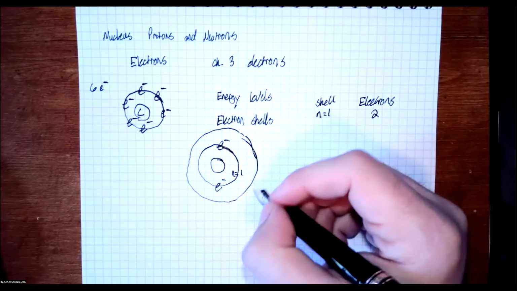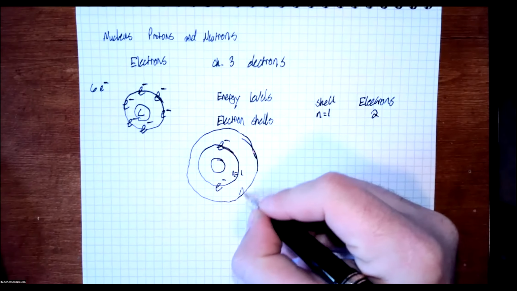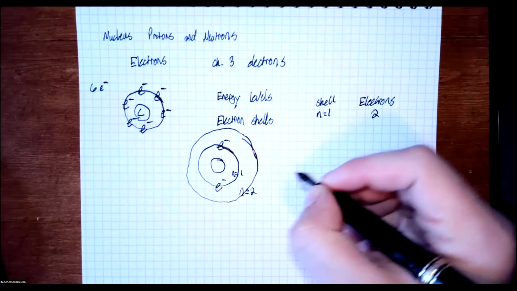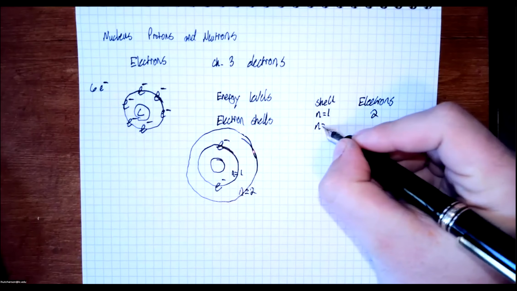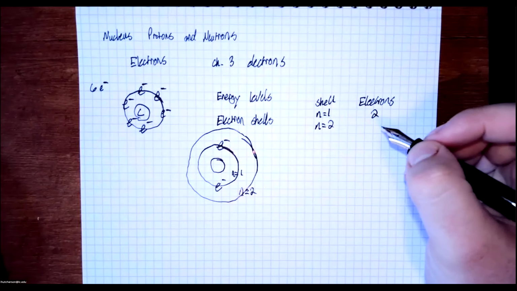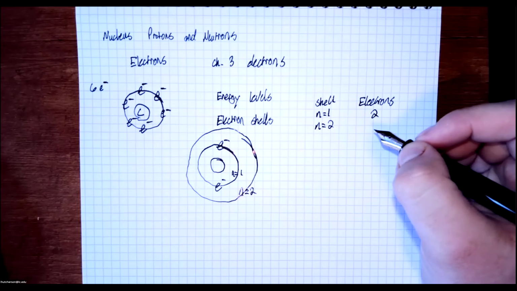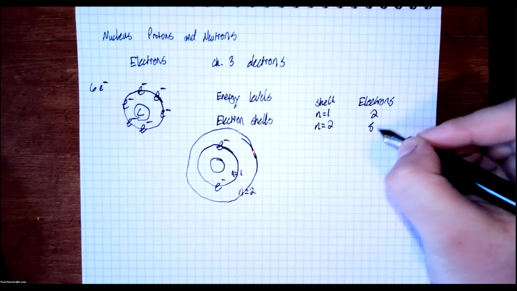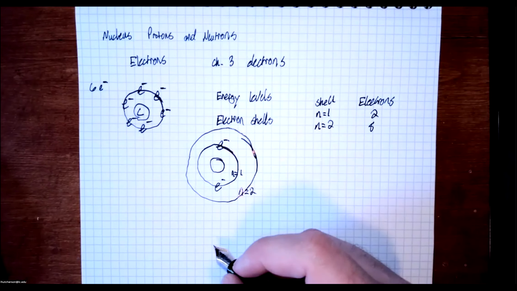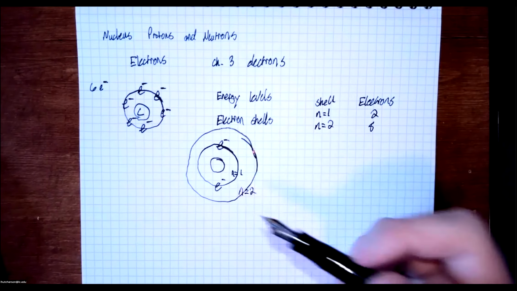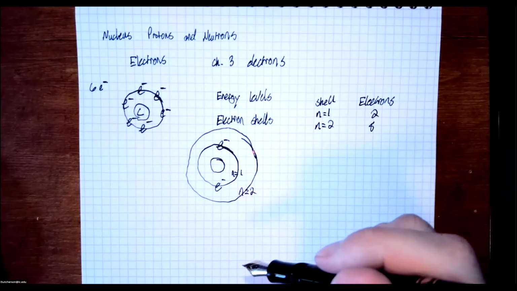And where we're going to start putting them now is in the n equals 2 shell. The n equals 2 shell, of course, is larger. And it turns out the n equals 2 shell can hold 8 electrons. But we've accounted for 2 of them so far.